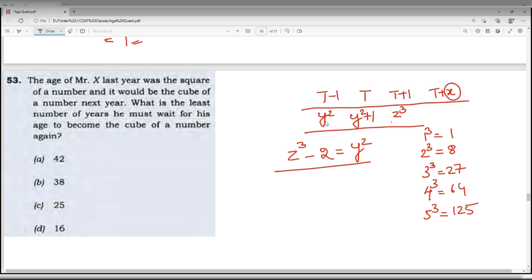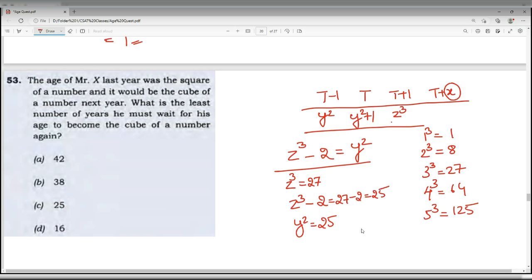So z cube is 27, and z cube minus 2 gives 27 minus 2, which is 25. So you have y square is equal to 25.